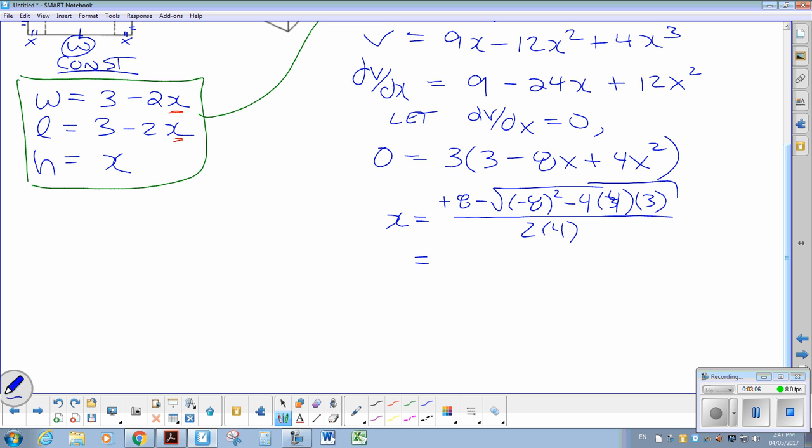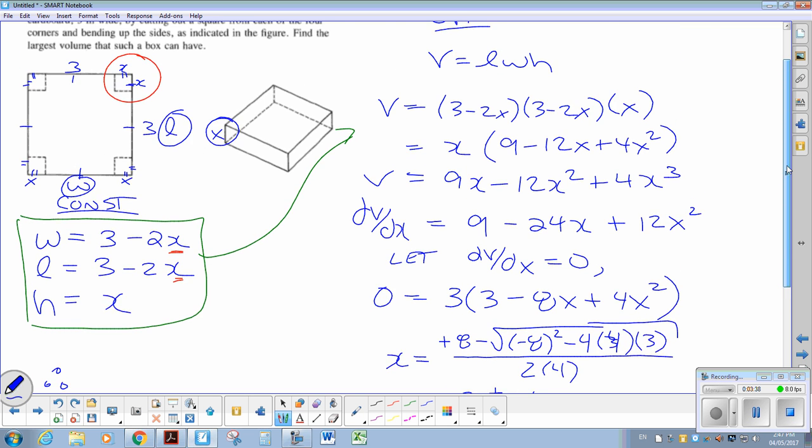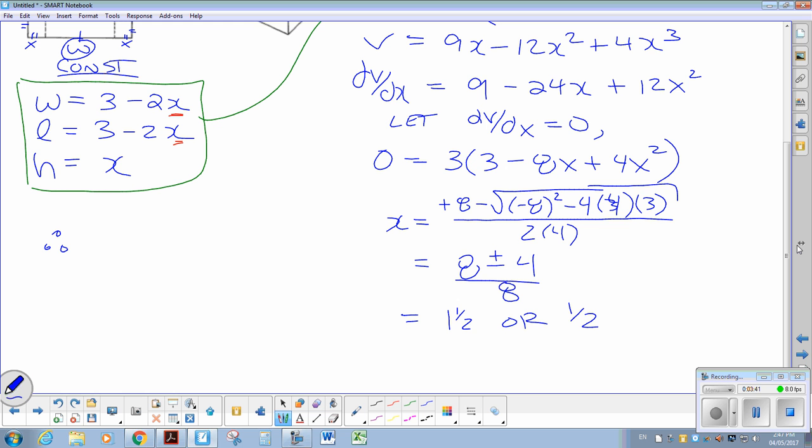So using our calculator, we get 8, plus or minus the square root of 64 minus 4 times 4 times 3, equals, so that'll be plus or minus 4 over 8, which would mean we have 12 over 8, which is 1.5, or 8 take away 4 is 4 over 8, so 1/2. So therefore, there are 2 possible solutions here to optimize our volume. There are 2 options.